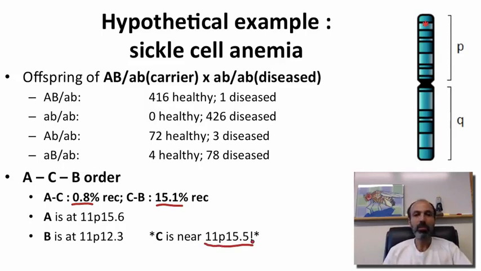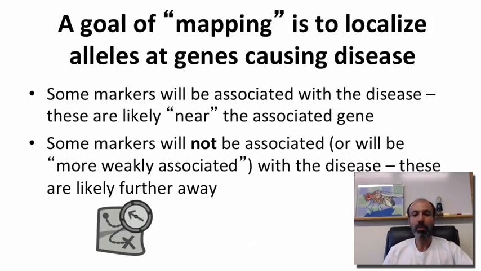Now, let me conclude this video by just recapping one very important point. The goal of genetic mapping is to localize alleles of genes that cause disease. What you're trying to do is find where is that mutant allele, like which gene has it. Because again, the genes don't come labeled. Even when you have the full human genome sequence, the genes do not come labeled.